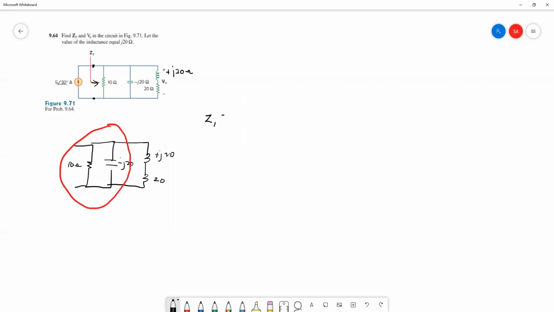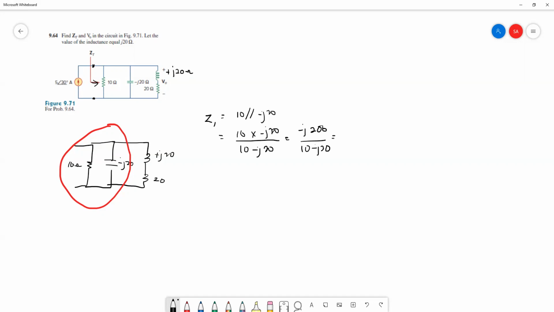Z1, for example, is the parallel between 10 ohm and negative J20. So you can have this equal to 10 multiplied with negative J20 over 10 minus J20. This is negative J200 over 10 minus J20.